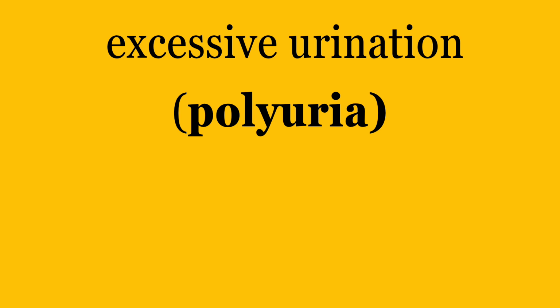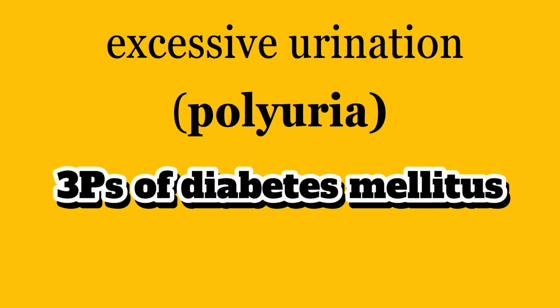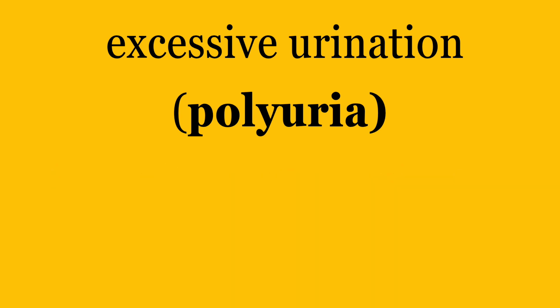It's the same thing that applies. There is now more water in the urine in an attempt to balance the glucose. Therefore, the body must get rid of this, leading to excessive urination. This is what is known as polyuria, and it is the first P. When you hear about 3 Ps in diabetes mellitus, this is the first P, polyuria.